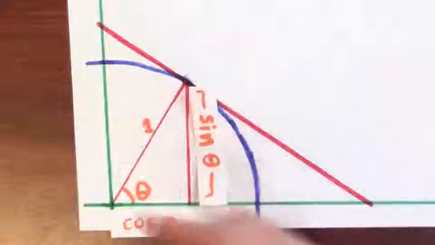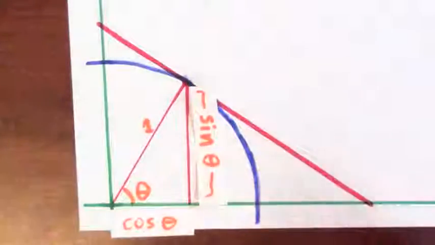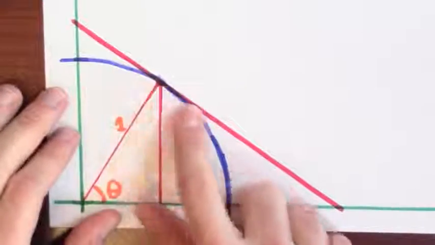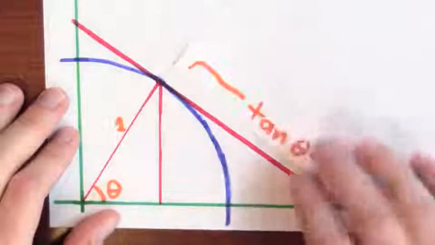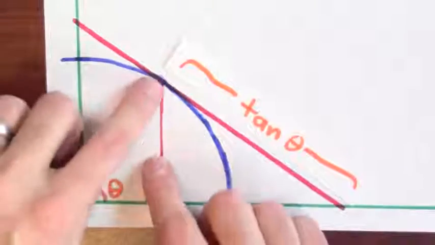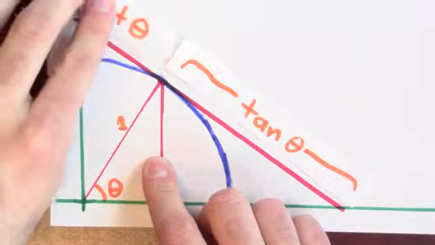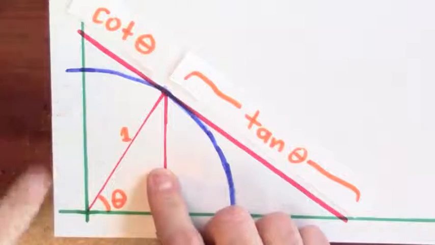But it turns out that the other 4 trig functions are also encoding the lengths of other relevant lines in this diagram. For instance, this line here has length tangent theta, and this line between the point and the y-axis has length cotangent theta.